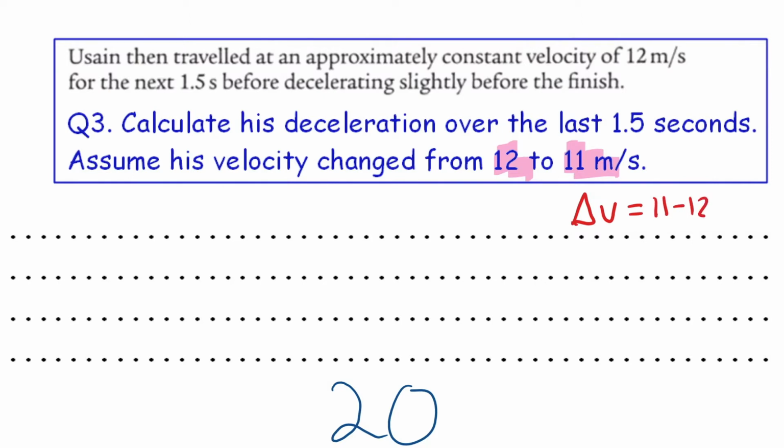It actually would be a change of -1. It's a deceleration, so remember that. It's a -1, and you put that in the equation, and it's telling you here the time.